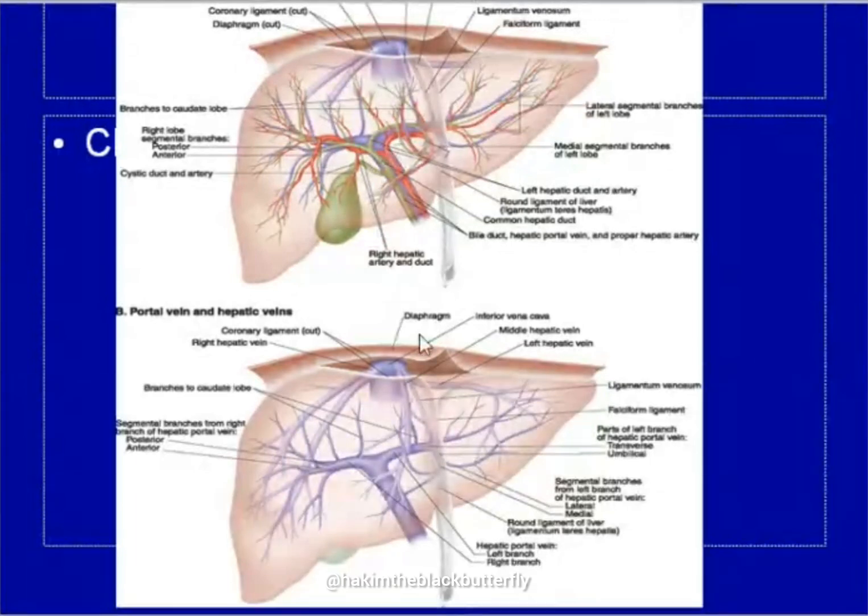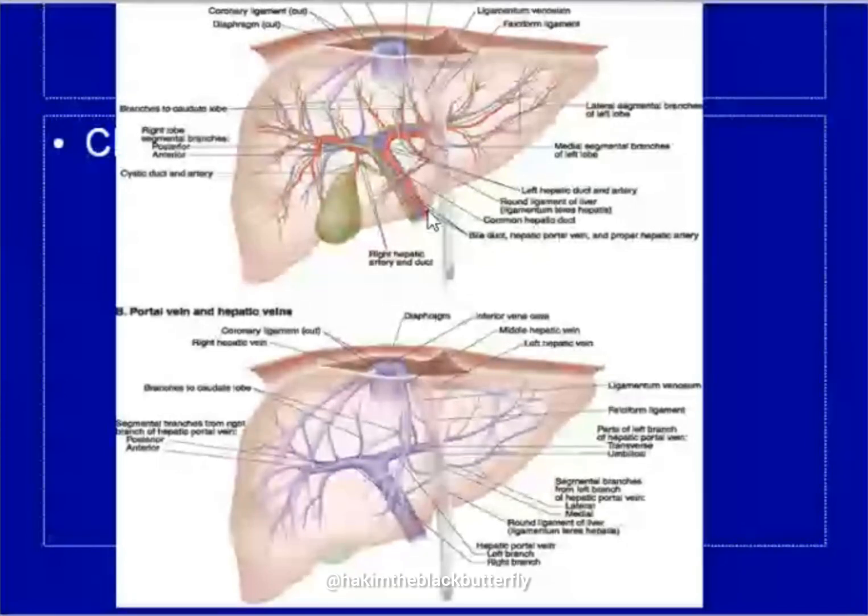So the portal vein is just taking blood to the liver to be filtered. The hepatic artery is taking oxygen to those cells so that they can carry out these functions. That's why the liver receives both deoxygenated blood in the portal vein and oxygenated blood in the hepatic artery.